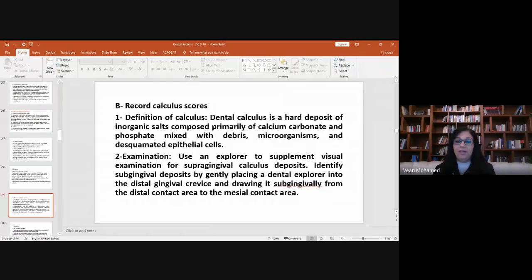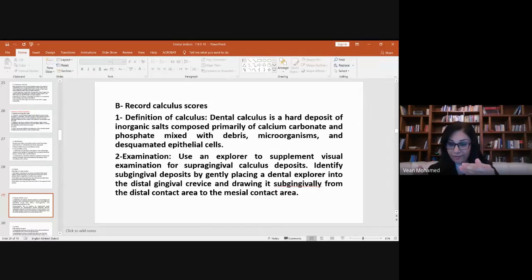Examination. Use the explorer again, by visual examination for supragingival calculus deposit, and identify subgingival deposit by gently placing an explorer into the distal gingival crevice, drawing subgingivally from the distal contact to the mesial contact. It means how you examine the presence of calculus, or the calculus index, using the explorer.